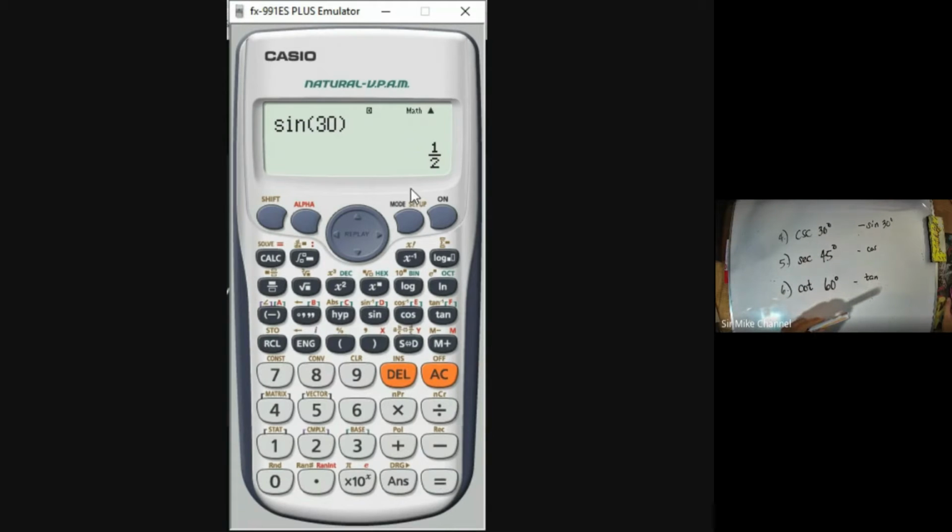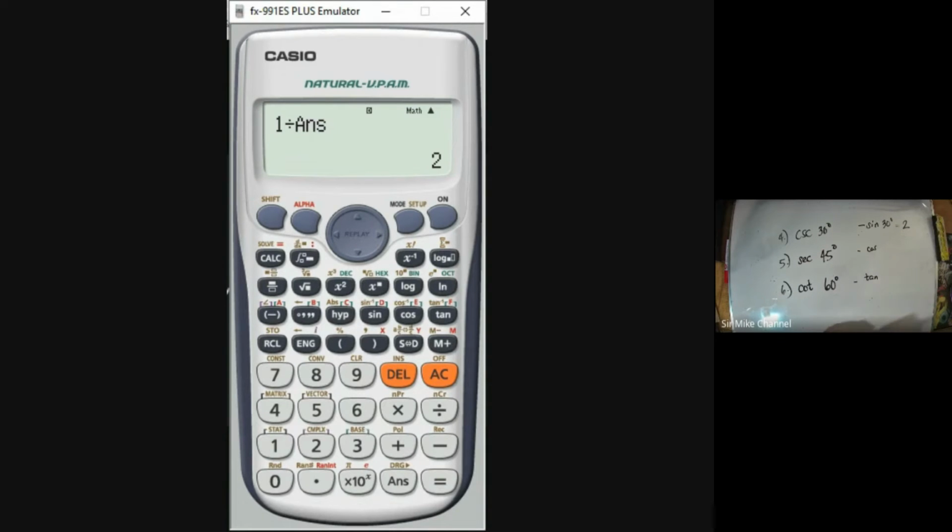Okay. So, ito yung answer natin. Kunin ko yung 1 divided by yung answer kanina. So, ang sagot natin ay 2. So, ang cosecant 30 natin ay 2.